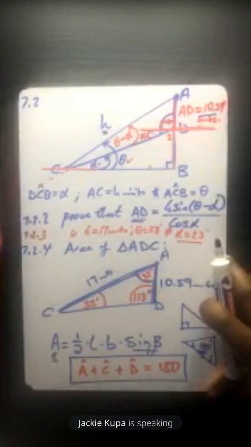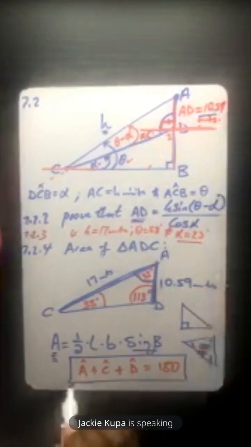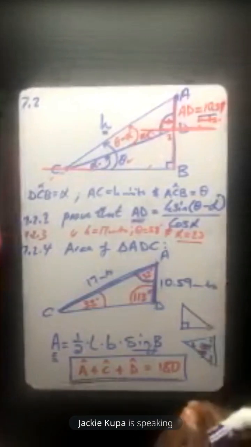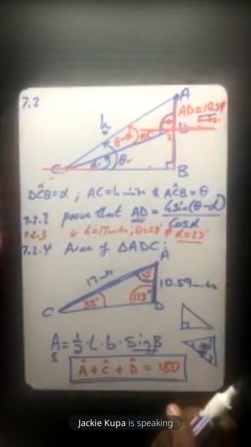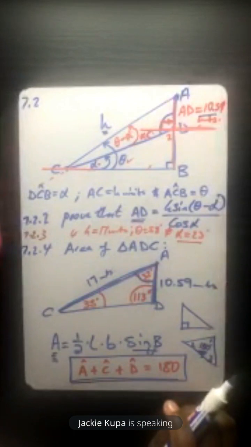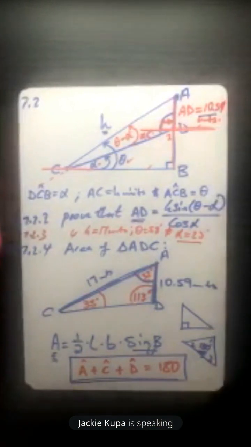I know the formula of area. I know the formula. My problem was I don't know how to put the H, the H that is on top here. I didn't have the value of H. But AD, I know it was 10.